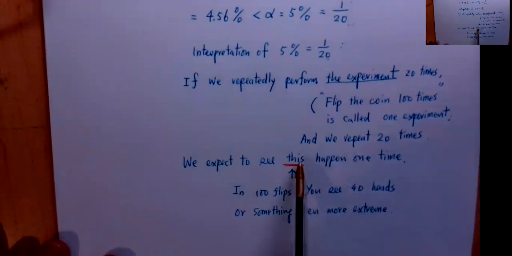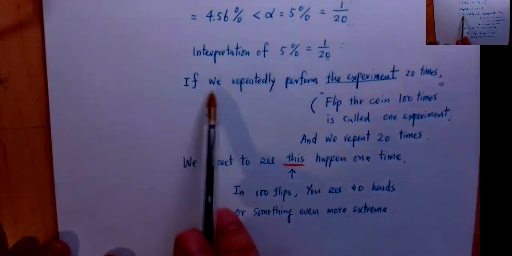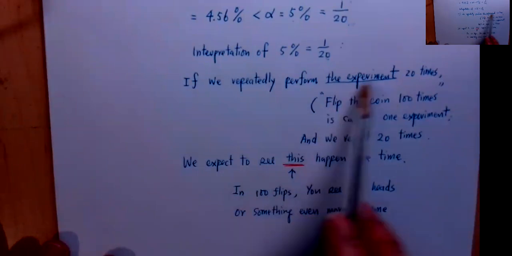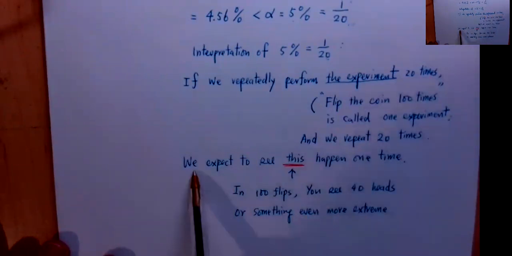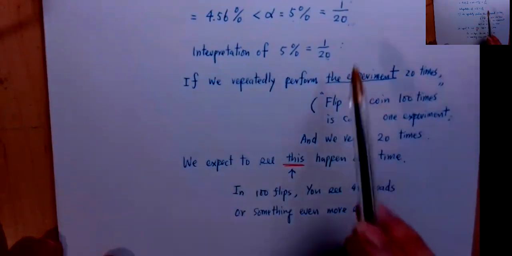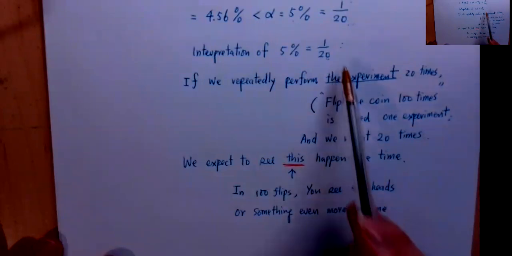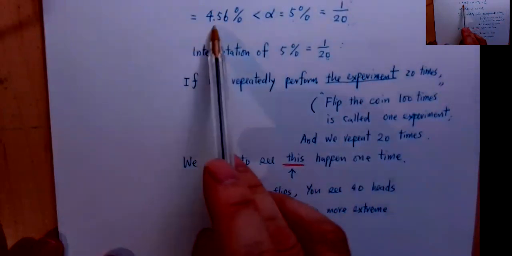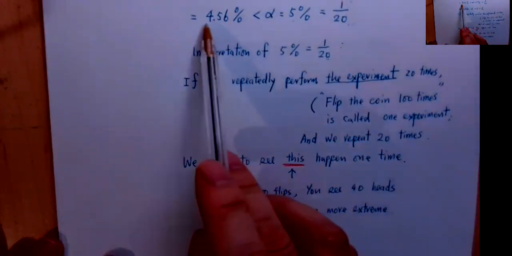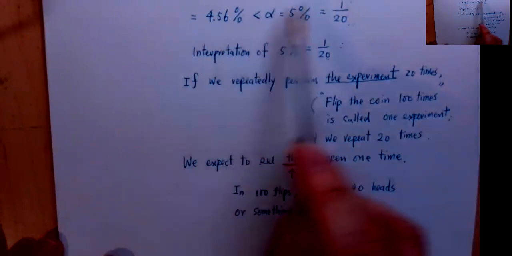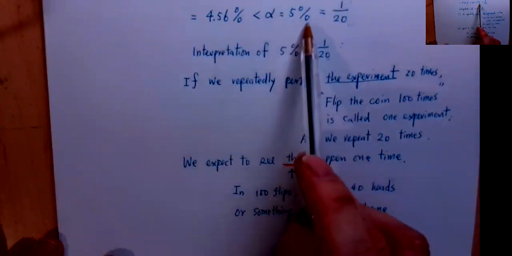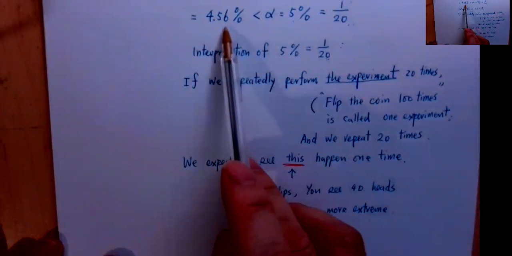So if we repeatedly perform the experiment 20 times, we expect to see this only one time. That's the meaning of 1 over 20. But look here. What is 4.56%, our p-value? Our p-value is even less than 1 over 20, even less than 5%. That is to say, if you do this 20 times, you don't even expect to see this one time, okay?